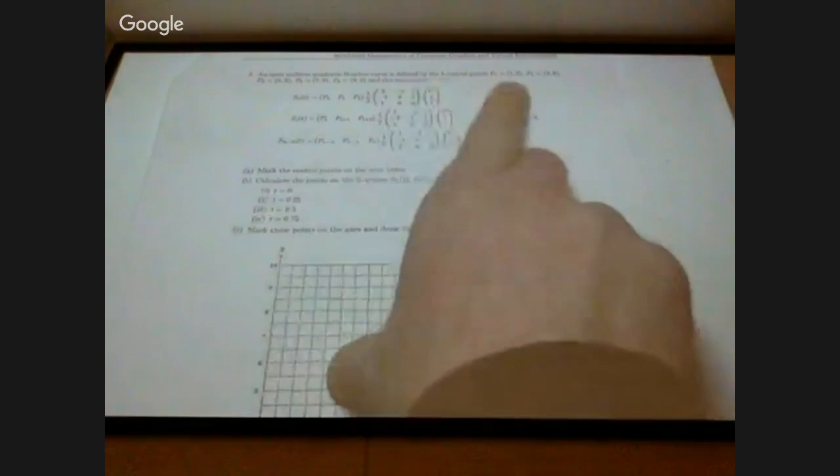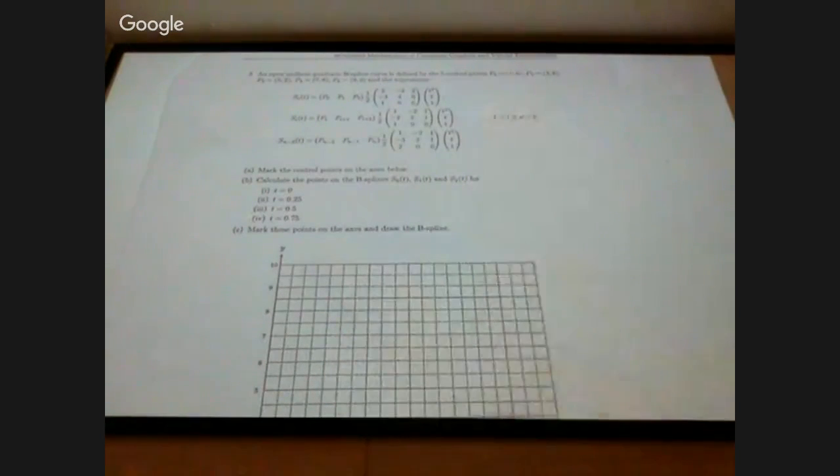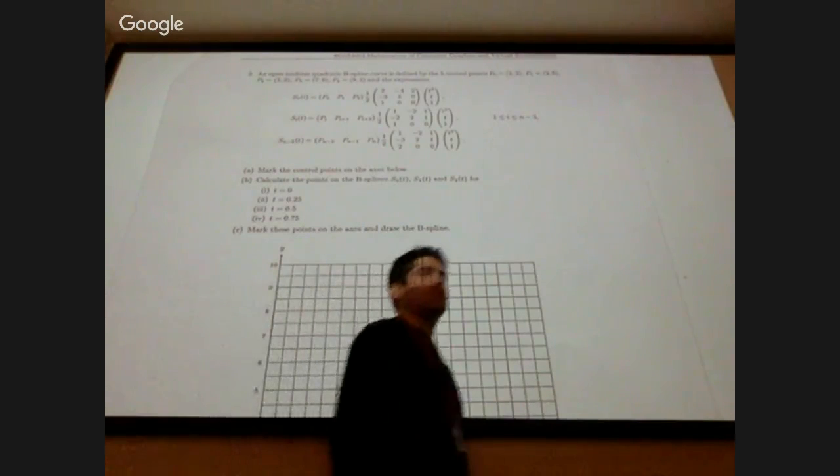An open uniform B-spline is defined by 5 control points, P0 to P4. I've given you the coordinates of those 5 control points. Mark the control points on the axes below, and calculate the points on the B-splines S0, S1, and S2 for those different values of t.